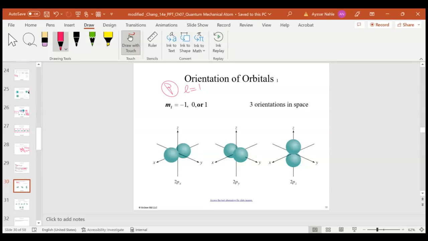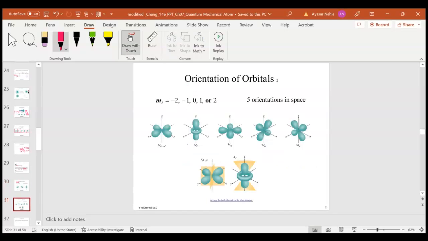ML goes from minus 1 to plus 1, passing through 0. That's minus 1, 0, plus 1. Okay. Now again, if L is equal to 2, ML goes from, what is this?